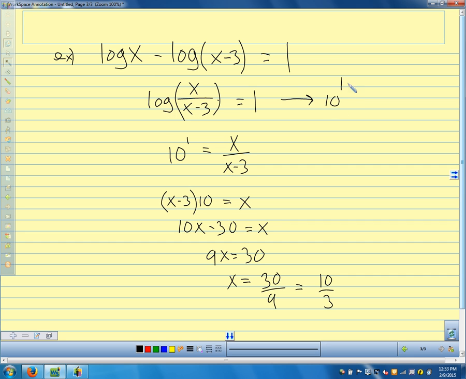So 10 to the log of x over x minus 3 equals 10 to the 1. And the 10 to the power and the logarithm are inverses, so they undo each other. And you get to the same place. So you can think about it either way.